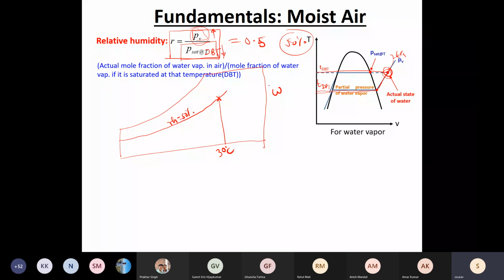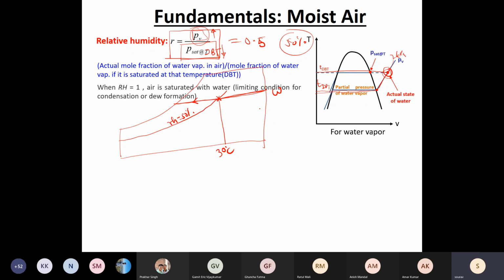Remember, if you do not change the partial pressure of water vapor, omega will also not change. So there is no disturbance of the amount of water vapor present in it. It is going to be a horizontal line on your psychrometry chart towards the left because you are reducing the temperature. Wherever it hits the RH equals 1 line, you read that temperature. This temperature and this temperature will be the same.